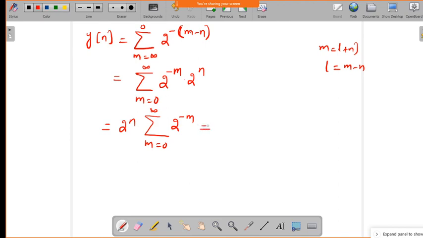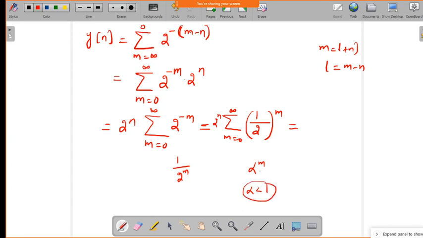Now this is in the form of 2 power n into the summation m equal to 0 to infinity. Because it is 2 power minus m, I can write it as 1 over 2 power m, that is 1 over 2 whole power m. This is in the form of alpha power m when alpha is less than 1.